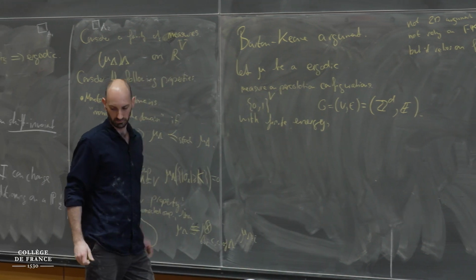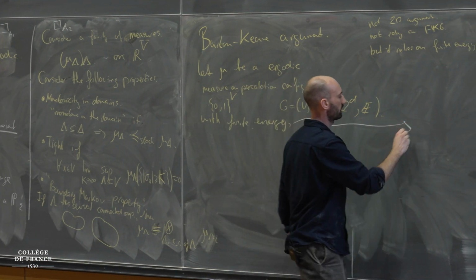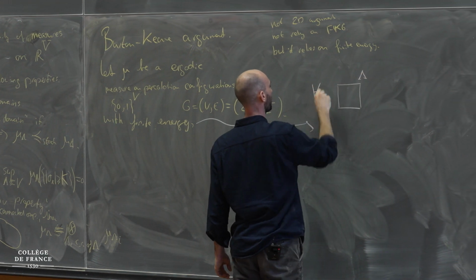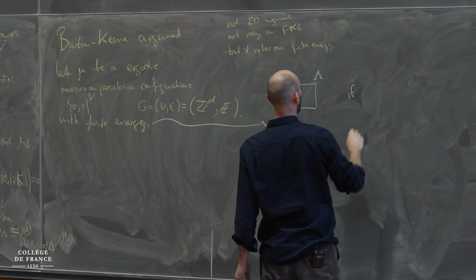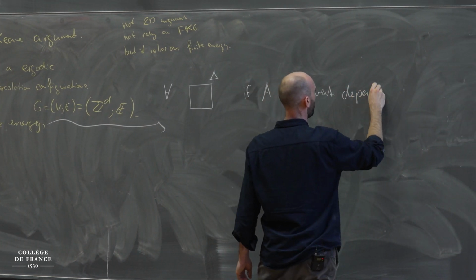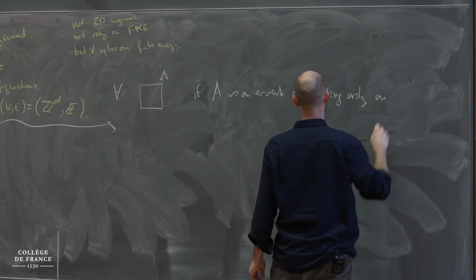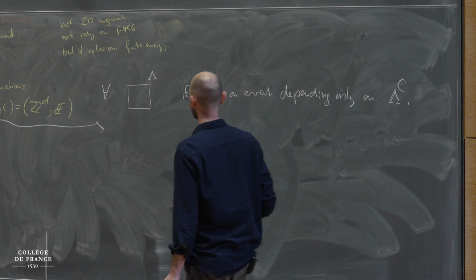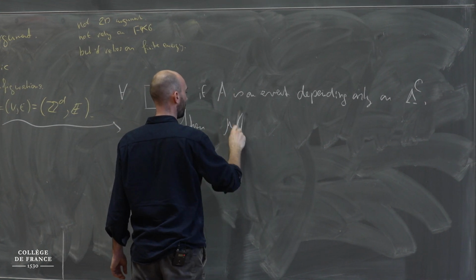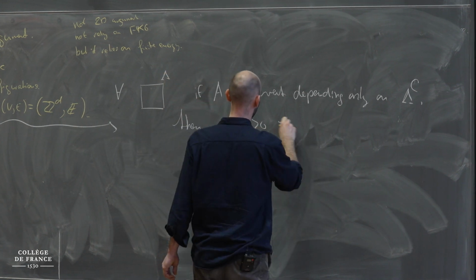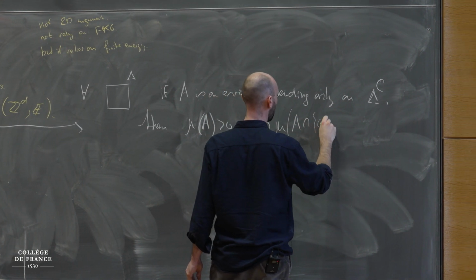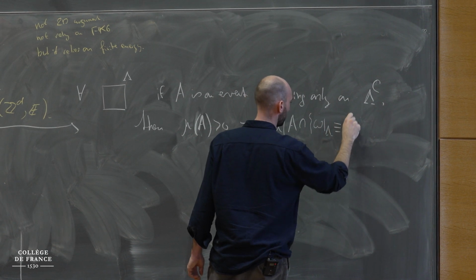And finite energy means the following. Suppose I take some box lambda, so for all boxes lambda, if A is an event depending only on lambda complement, then if A has positive probability, the following event also has positive probability: the intersection of A with the event that omega restricted to lambda is identically equal to 1.